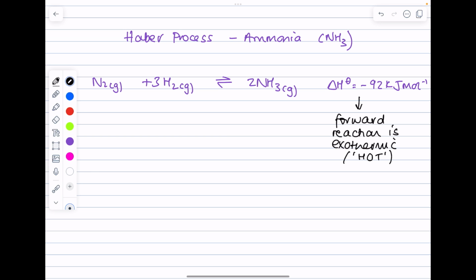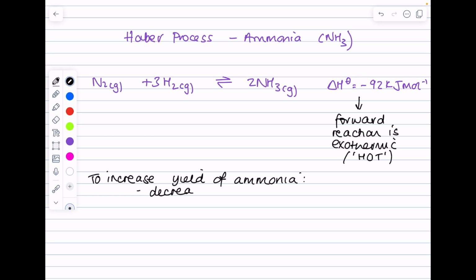So in order to increase the yield of ammonia, that's to increase the yield of product, what do we want to do to the temperature? We want to decrease the temperature. And the reason for that is, according to Le Chatelier's principle, any change you make to the reaction conditions, the position of equilibrium shifts to oppose the change.